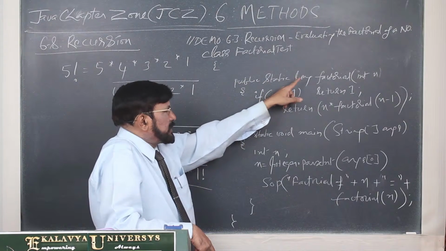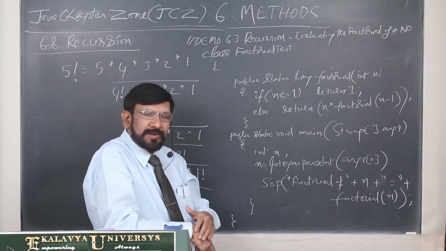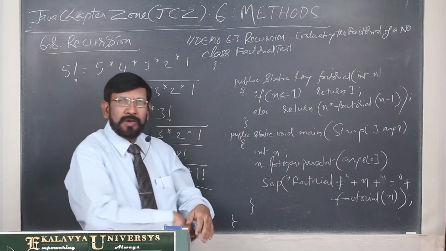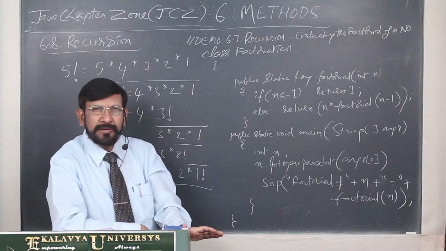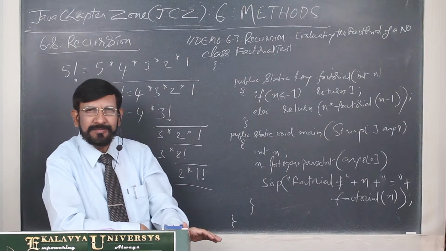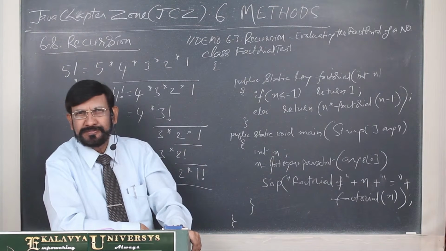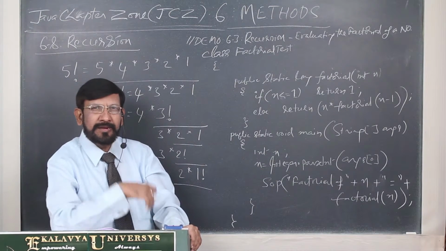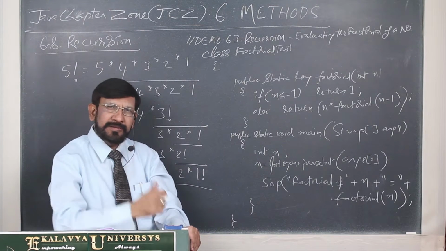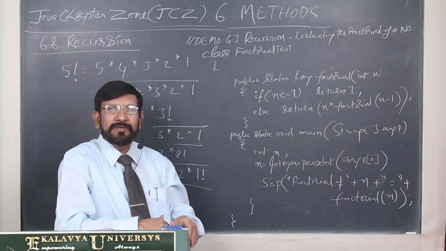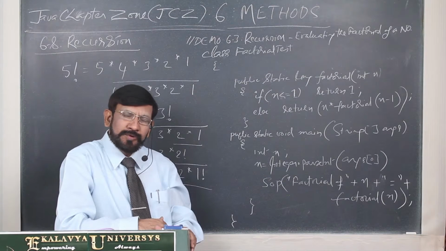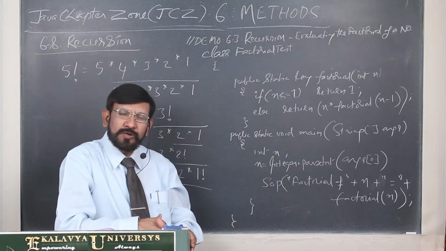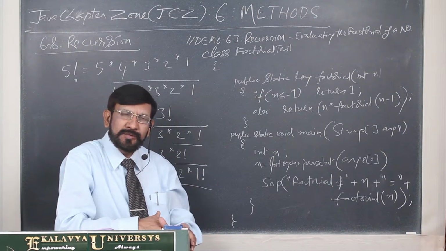So public static long. Sometimes you should not go by simple arithmetic alone; you have to apply your common sense. When you are calculating factorial, the result increases enormously. 1 into 2, 2; 2 into 3, 6; 6 into 4, 24; 24 into 5, 120; 120 into 6, 720.